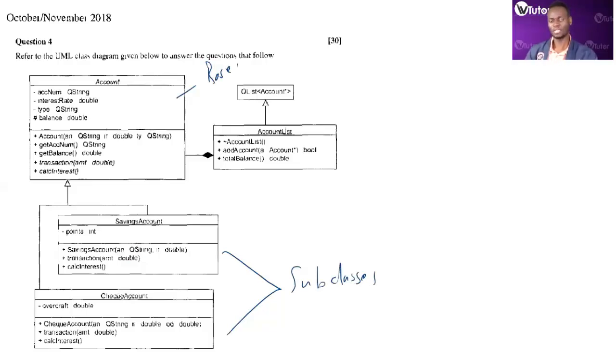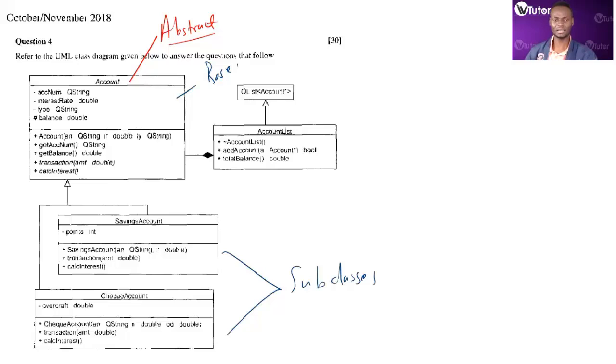And one thing I want you to look at here is you do see that the header of account is in italics. The moment something is in italics, it simply means that it's abstract. So abstract means that it cannot be instantiated, right? But I don't want to say this right now. I will say this again later.